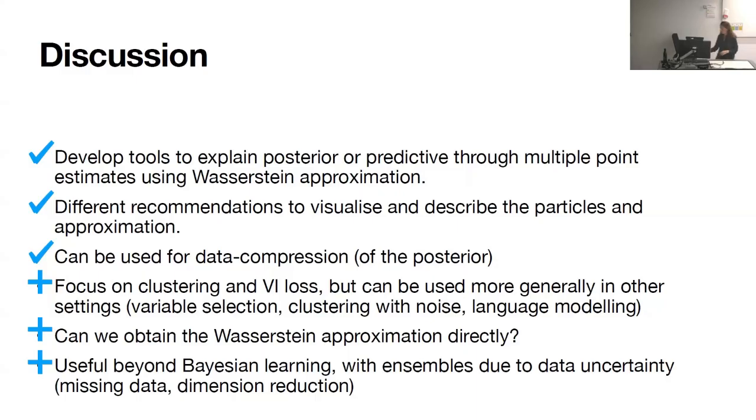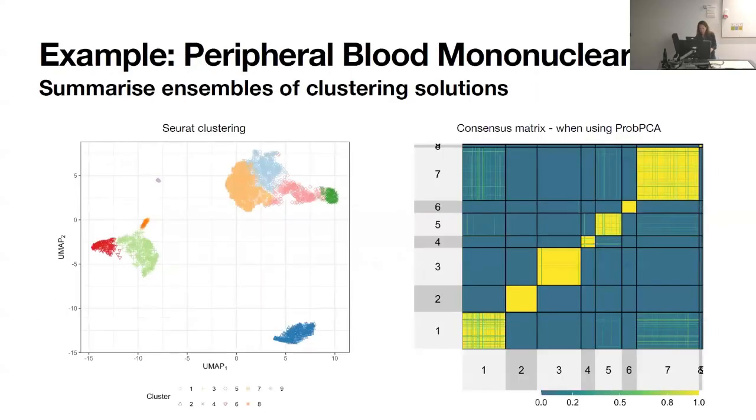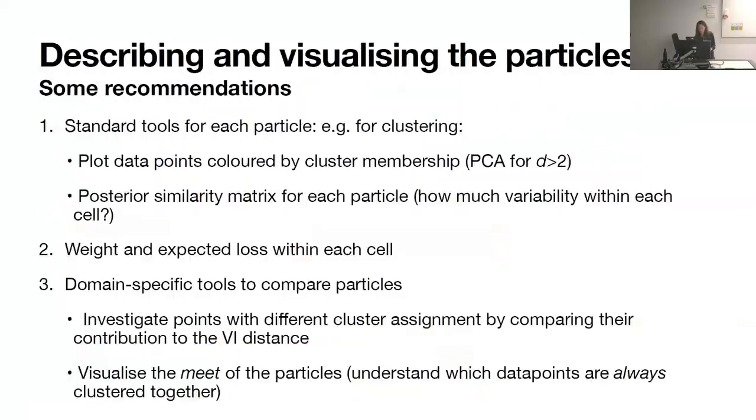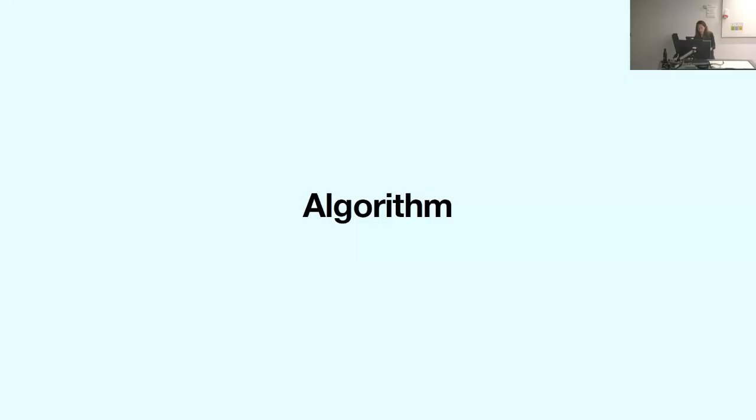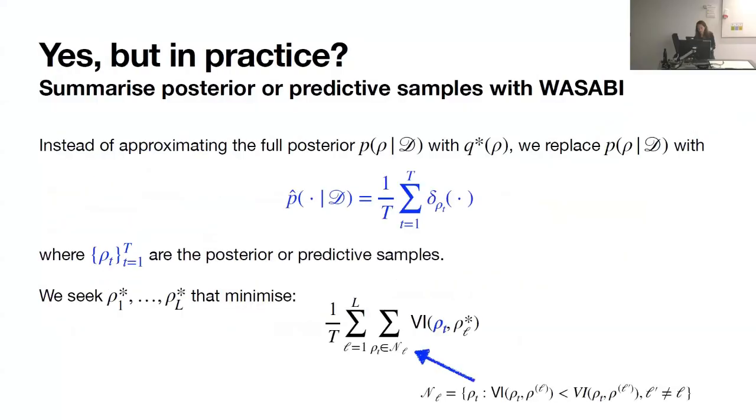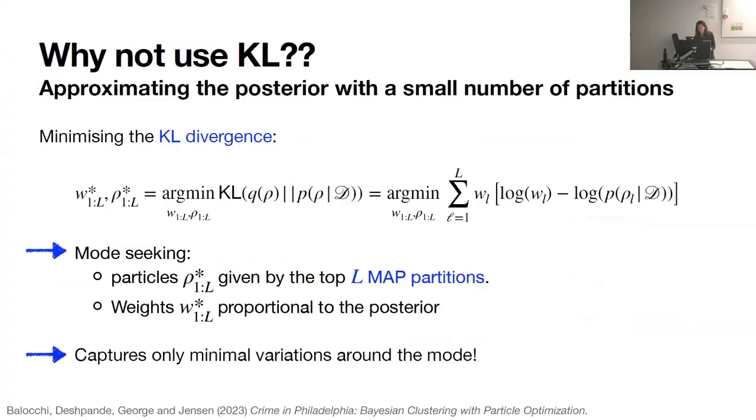Usually in variational inference you have to work with the KL divergence.